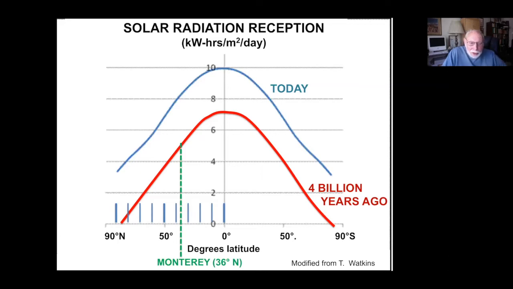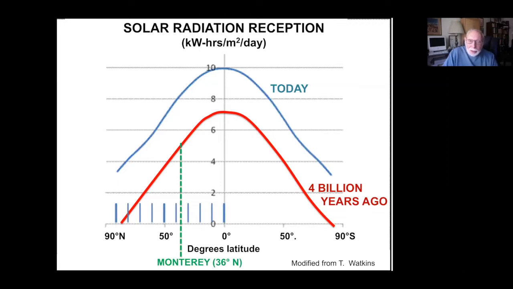In fact, that amount of radiation that we would have gotten at that time is about the same as today is received at the southern end of the Arctic Circle. So solar radiation was lower, and that would have had a really cooling effect on the Earth. At the same time, though, there were lots of greenhouse gases.